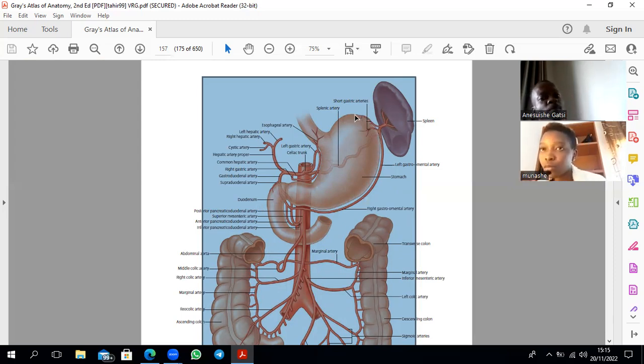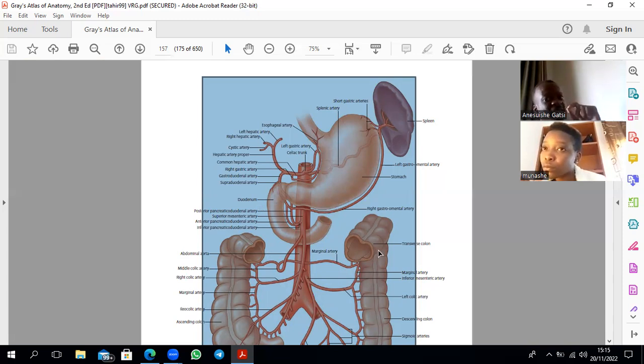Blood supply on the greater curvature comes from arteries that end with gastroepiploic, or you can call them gastroomental. So any artery ending in gastroepiploic is coming to the greater curvature, and any artery ending in gastric is coming to the lesser curvature.